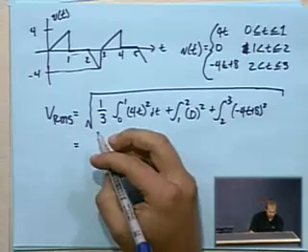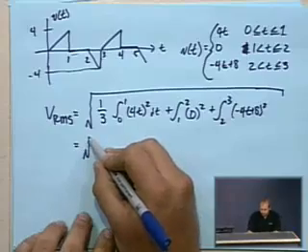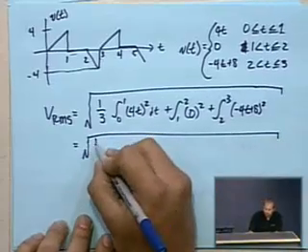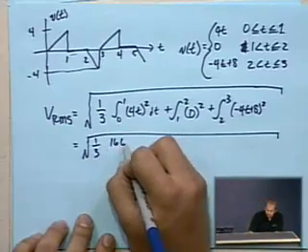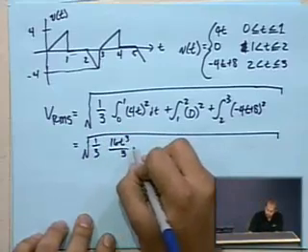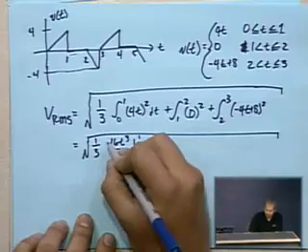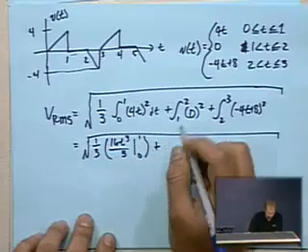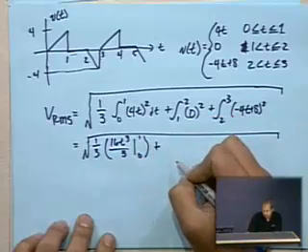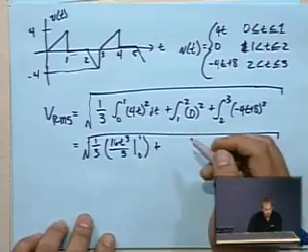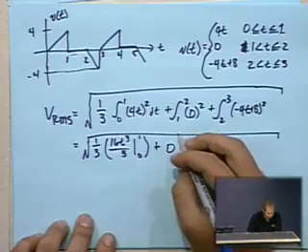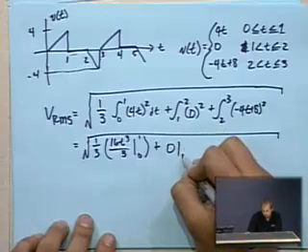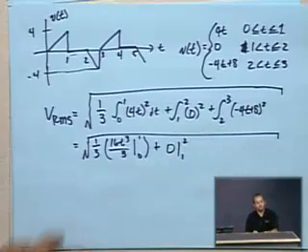So obviously that's going to be the square root over the period here of 16t cubed divided by 3, evaluated from 0 to 1, plus, well, the integral of 0 is 0, evaluated from 1 to 2, but that's kind of silly.